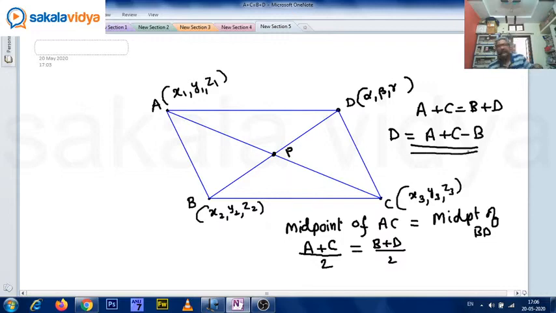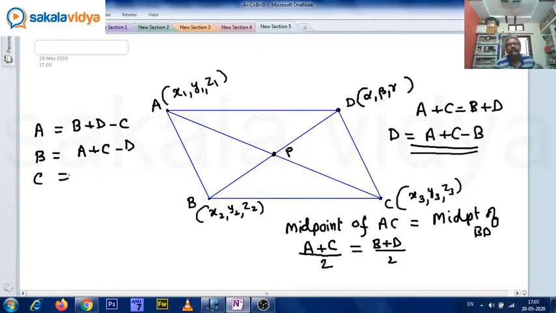If you want to find D, add A and C, subtract B. If you want to find A, add B and D, subtract C. If you want to find C, add B and D, subtract A. So A equals B plus D minus C, B equals A plus C minus D, C equals B plus D minus A, and D equals A plus C minus B. Like this we can write it.